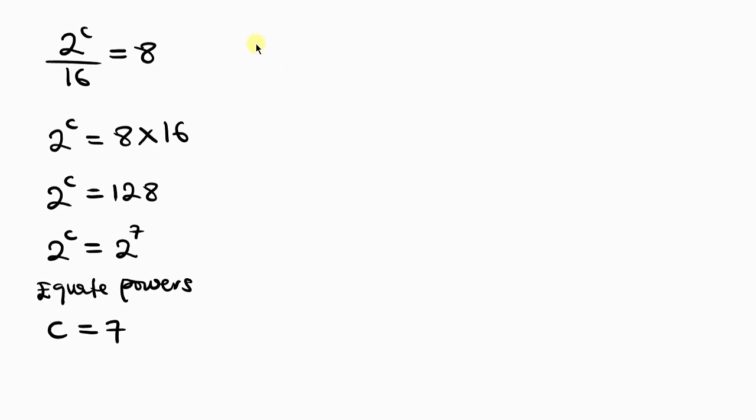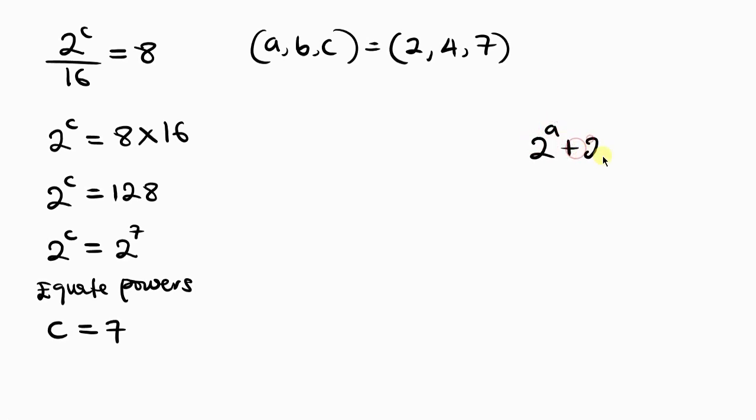So what we have for a, b, and c are equal to a is equal to 2, b is equal to 4, and c is equal to 7. Remember, the question says find the possible solutions. And from the question, we have 2 to the a plus 2 to the b plus 2 to the c to be equal to 148.